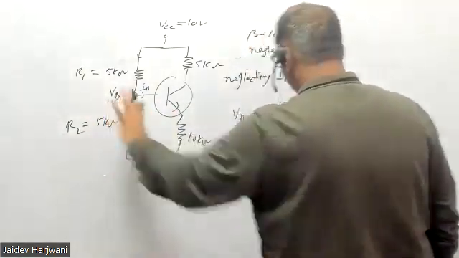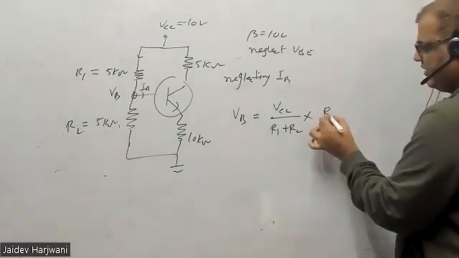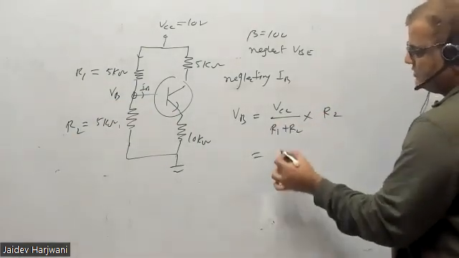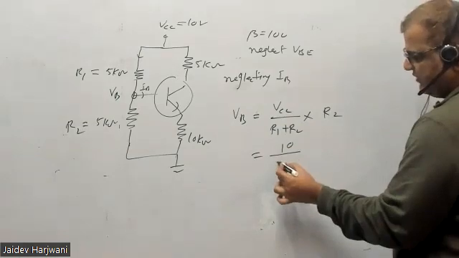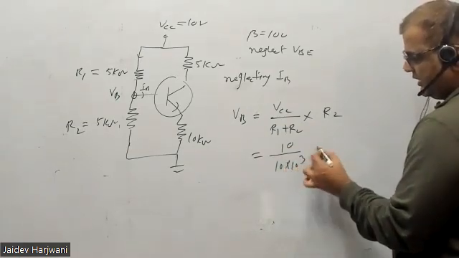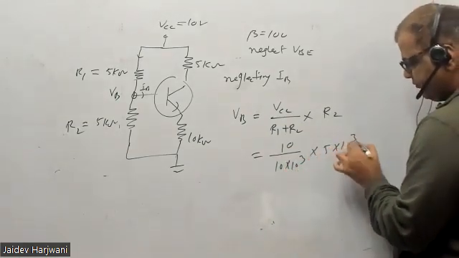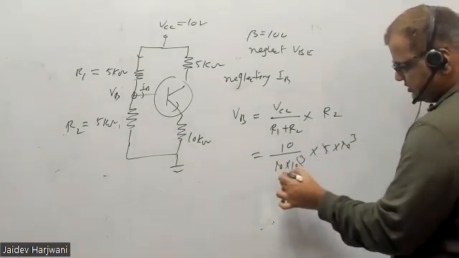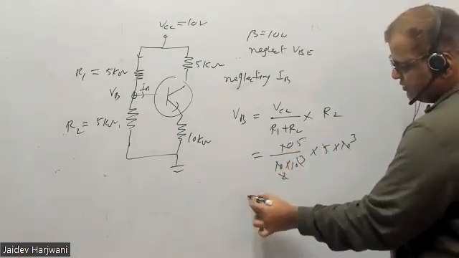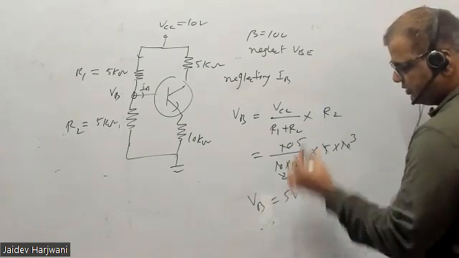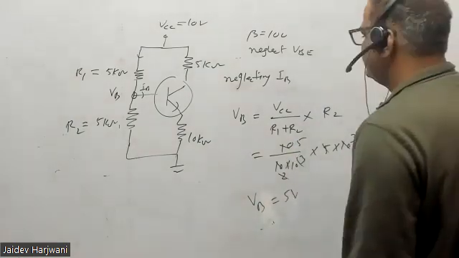VCC is 10, R1 is 10 kilo ohm and R2 is 5 kilo ohm. So your VB comes to 5 volt.